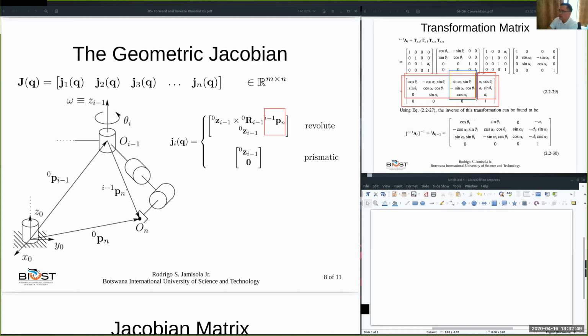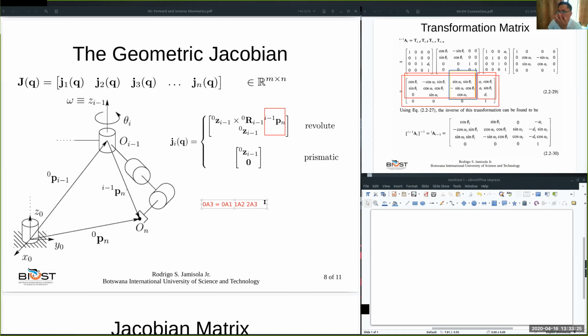Okay. So now, how do we do this then? So we need to compute A. Let me just do this very quickly. So you need to have 0A3, for example, equal to 0A1, 1A2, 2A3.